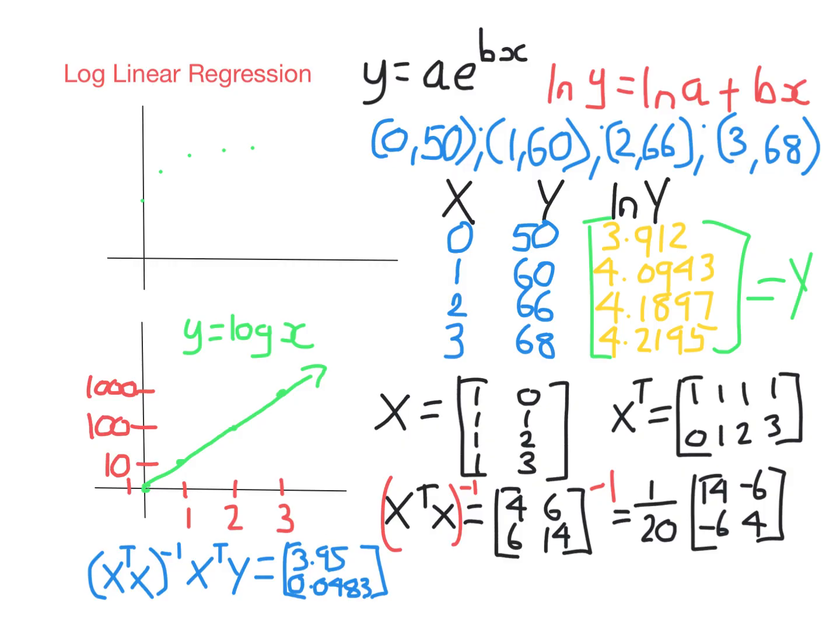So e to the power of 3.95 is about 51.94. So our equation here is going to be y equals this number for a, and then b is just the same as it is in that vector. So it'll be e to the power of b times x, and we're done.